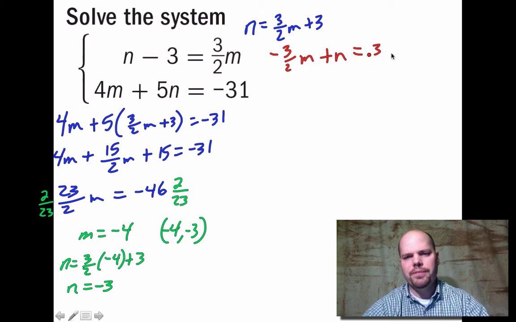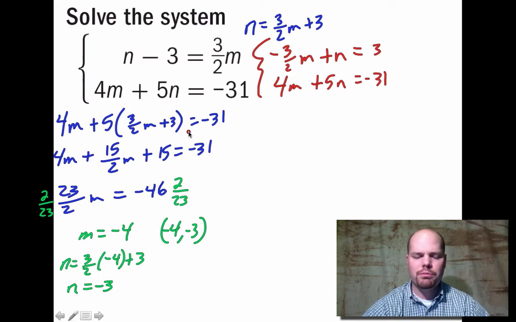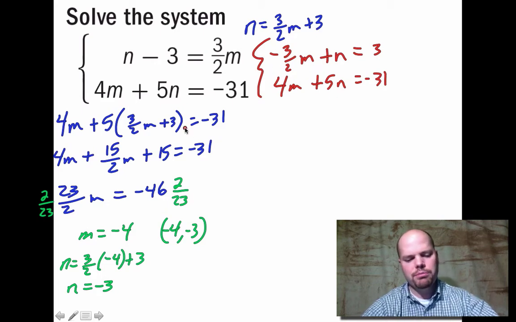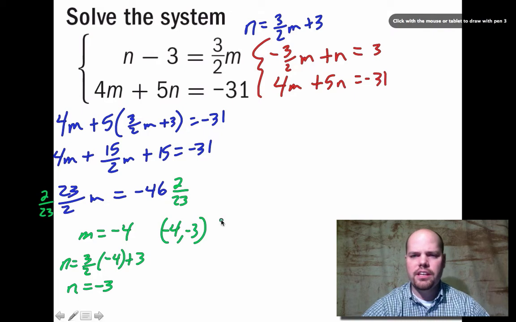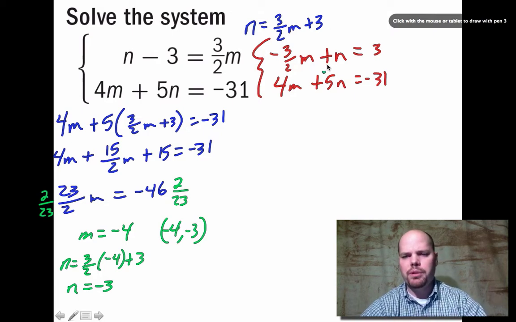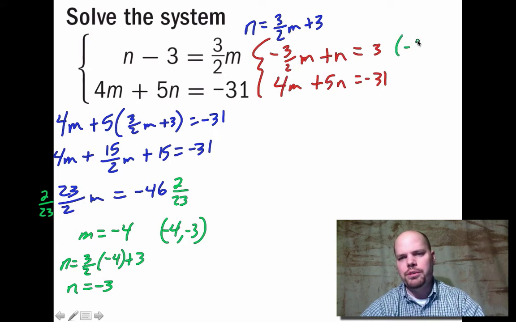So now, bring over the other equation, the bottom equation, because I didn't need to change it. This would be a new system in standard form where we could use the multiplication and elimination method. In this case, these are going to be hard to get to be opposites without fractions, so I would probably multiply the top one by negative 5 so I can create a negative 5n.